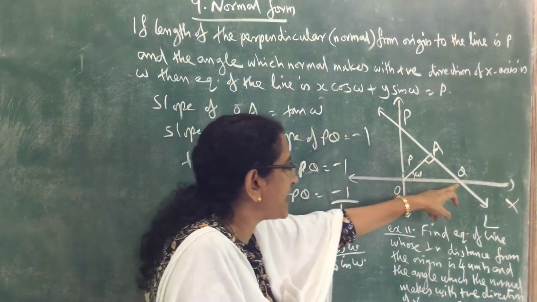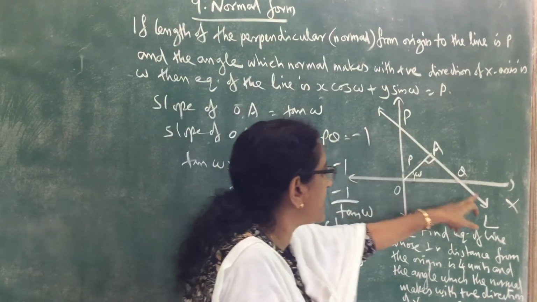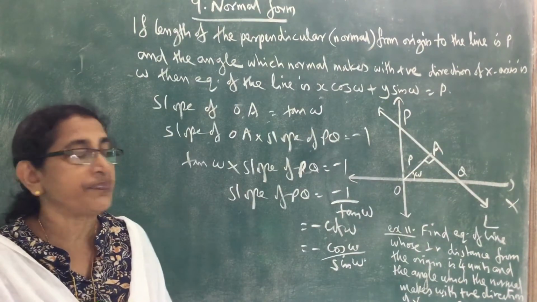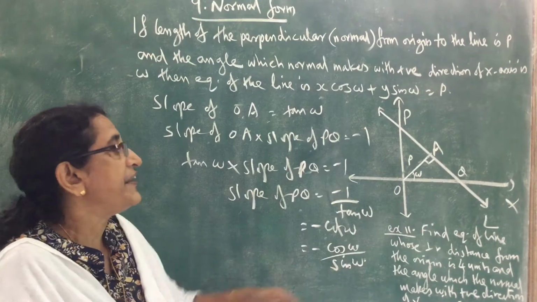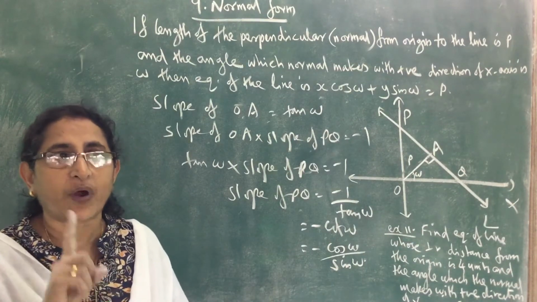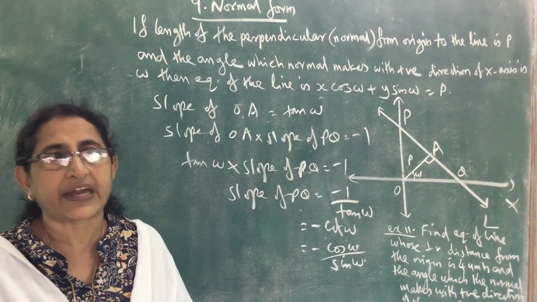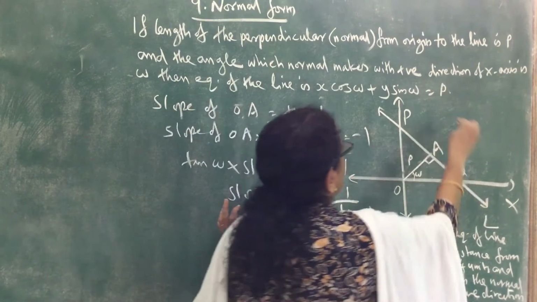So for this line PQ, we want to find the equation of PQ, that is the line L. We got slope of PQ, that is minus cos omega by sin omega. Now if you know one point on the line, using point slope form, we can write the equation of the line.